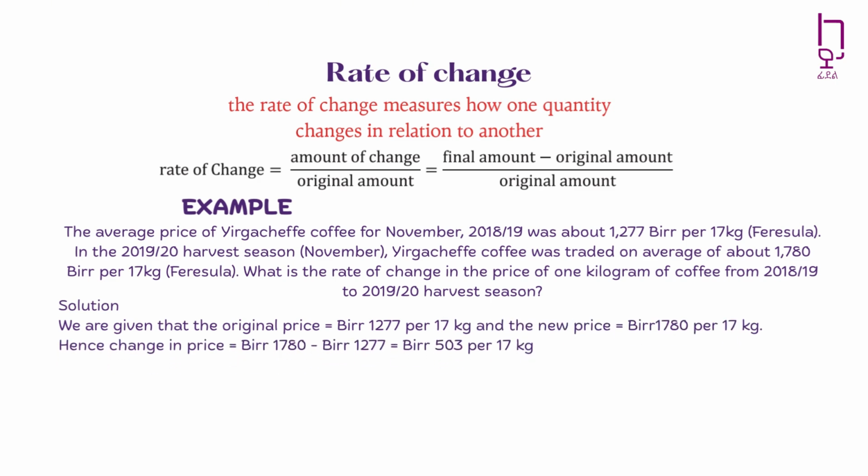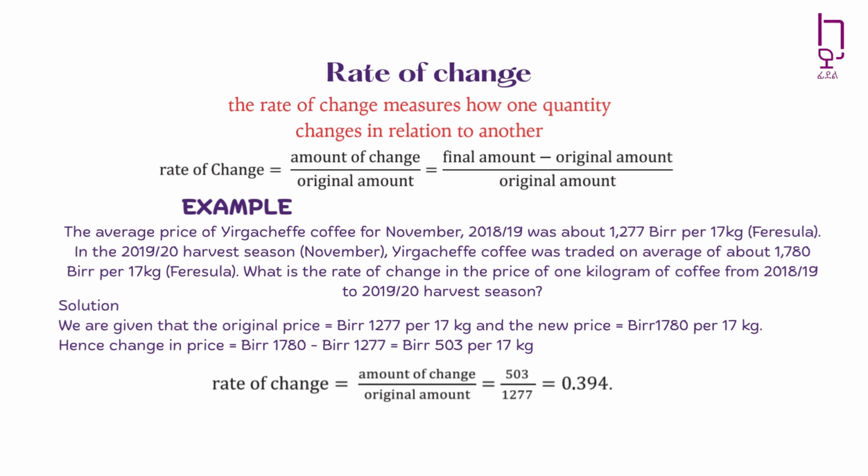So first, we put the rate of change as equal to the amount of change, which is the final amount minus original amount divided by original amount. So the final amount minus the original amount. When you subtract that, it means 1,780 minus 1,277, it gives you 503.